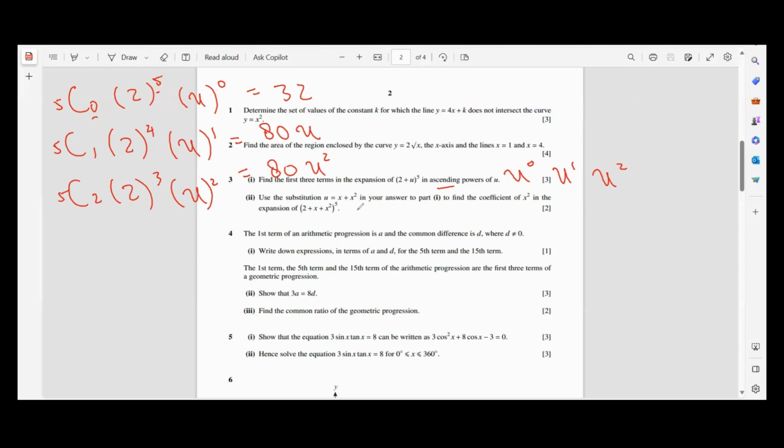And then it asks us to use a substitution to find the coefficient of x squared in the expansion of this. Usually it is related to the 3i. So okay, we want to get the coefficient of x squared.